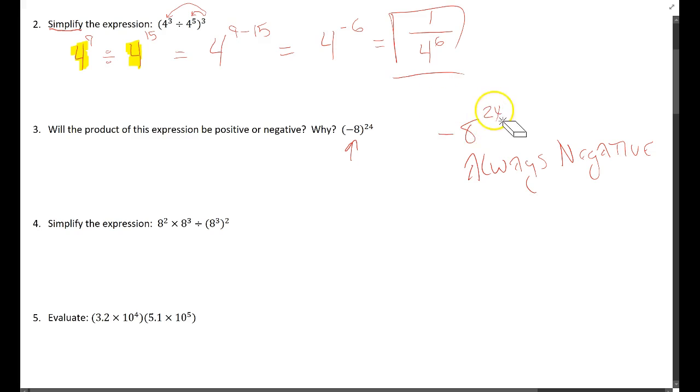But they're inside the parentheses, so what we need to do is this.